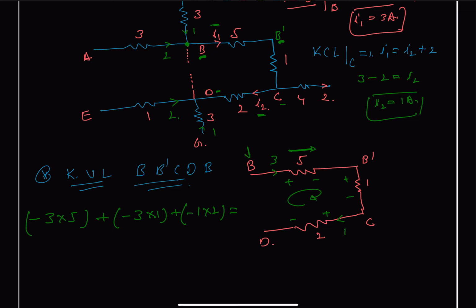Let us suppose we call this as VB, and at D we call it as our VD.